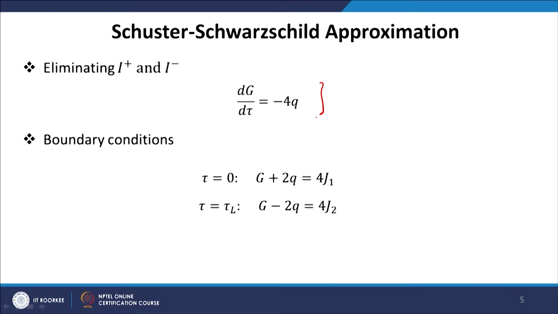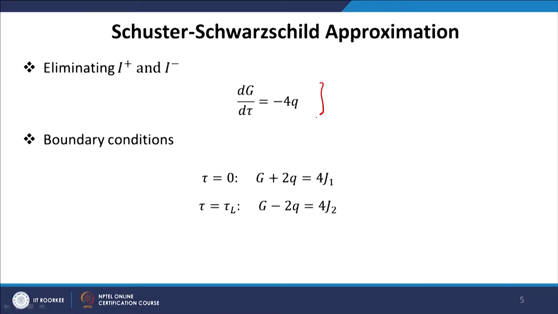So, these two equations we have to solve. These are now ordinary differential equations, which are very easy to solve. Just by assuming the intensity to be isotropic, we have eliminated the integration in the differential equation, and our equation has simplified to two coupled ordinary differential equations.